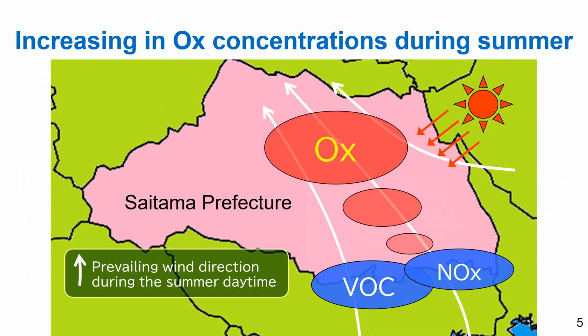To prevent health issues, advisory alerts are issued when high concentrations of photochemical oxidants are expected to persist. In fact, Saitama Prefecture consistently has one of the highest numbers of such alerts issued in Japan.